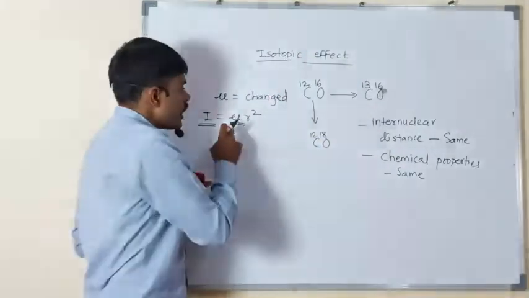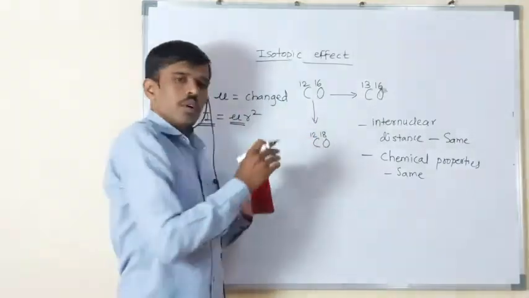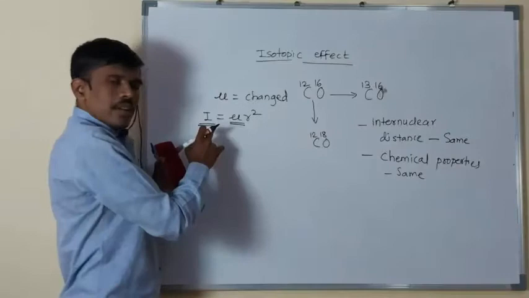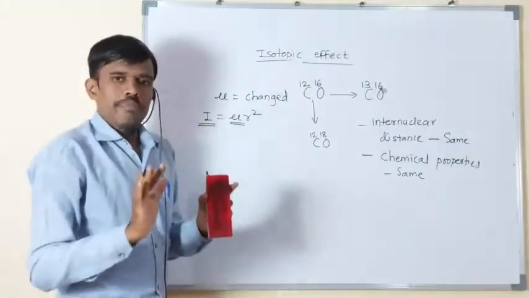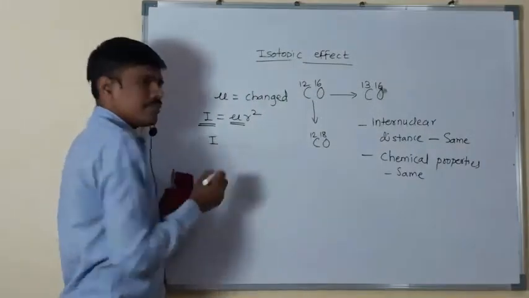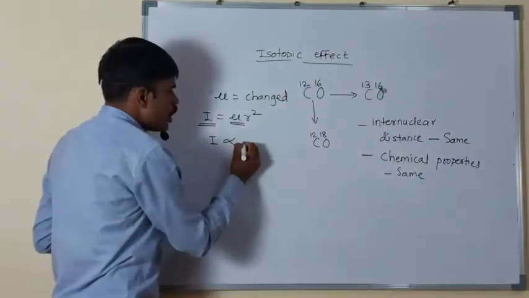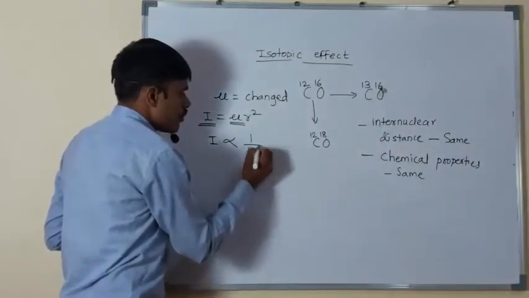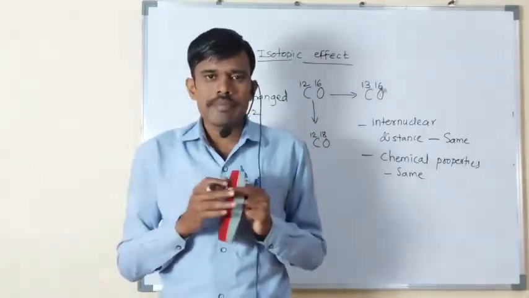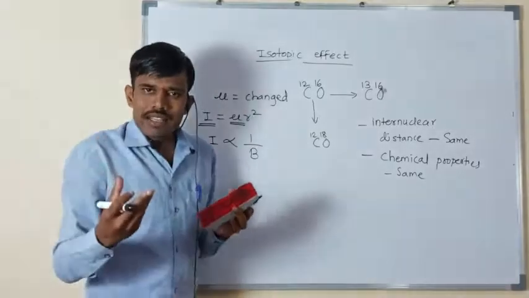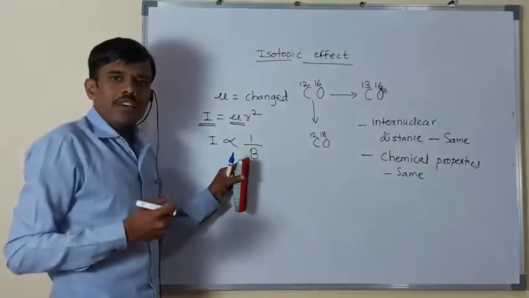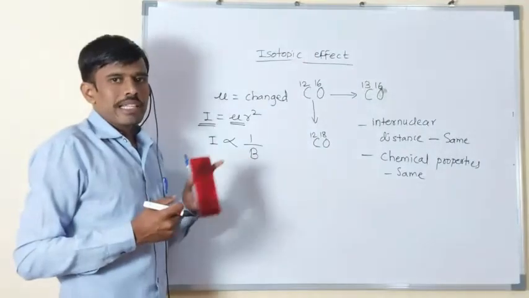So due to replacement of atom with the isotope, the moment of inertia will be changed. This moment of inertia I is inversely proportional to B, that is rotational constant B. So due to changing atoms with the isotope, the change is observed in the rotational constant B.